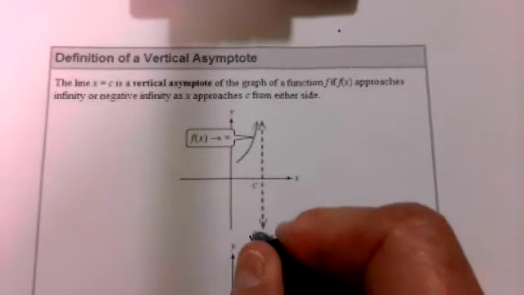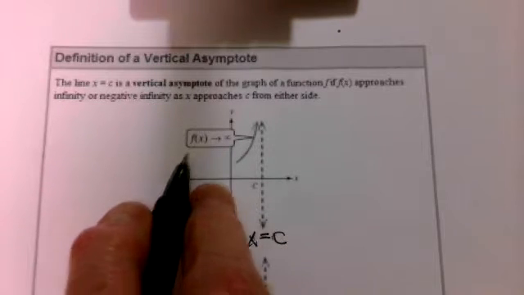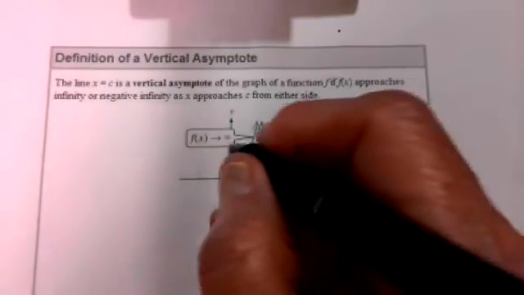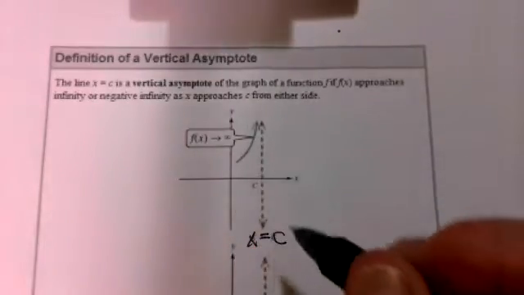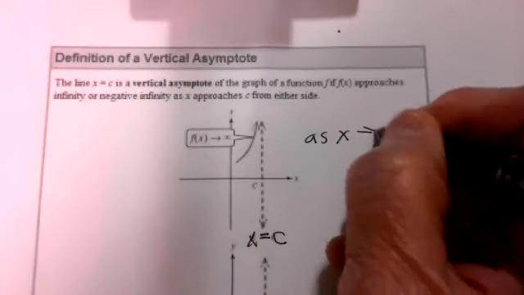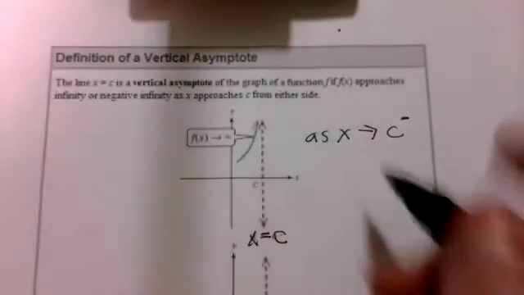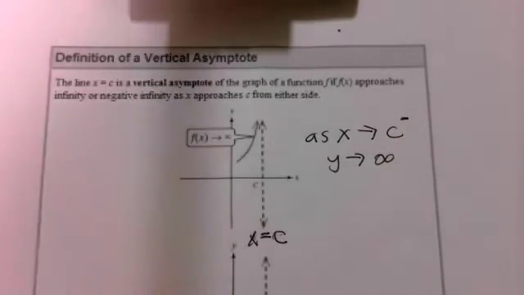So this says x equals c is a vertical asymptote. Now, what it's just saying is that x is approaching c from less than c, or from the left. The y is going to infinity. Okay, that's one thing that could happen.